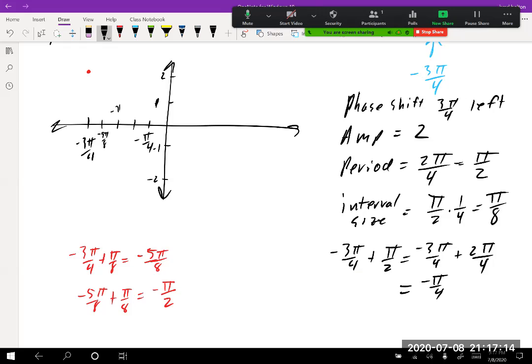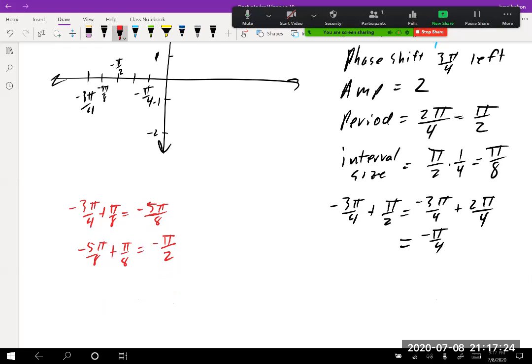So this will be negative pi over 2. Now if I add another pi over 8 to that, negative pi over 2 plus another pi over 8, and I'm getting this from my interval size, then that would be negative 3 pi over 8.